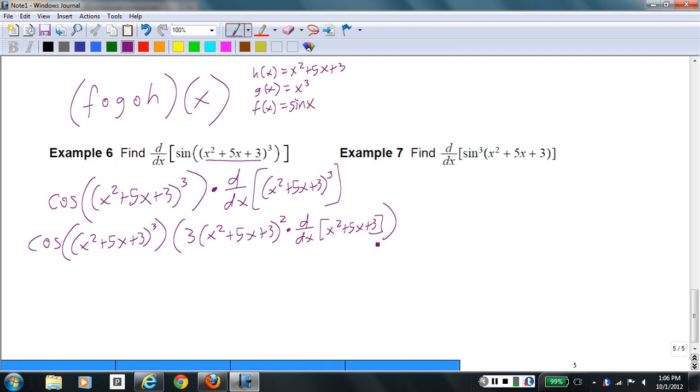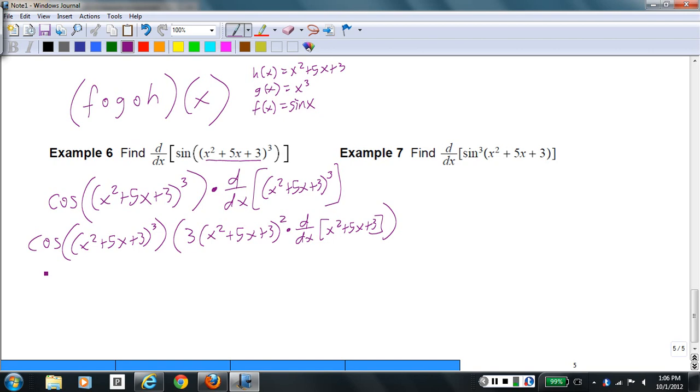And then we're almost there. Just one more easy derivative to take. Chain rule has been pretty much exhausted there, and we just need to use the power and sum and difference rules from that point on. So it's going to be, how to clean this up, the 3 times the expression to the second power, probably should go in front, then the cosine. Well, it's going to be a little bit more to it when I take that derivative.